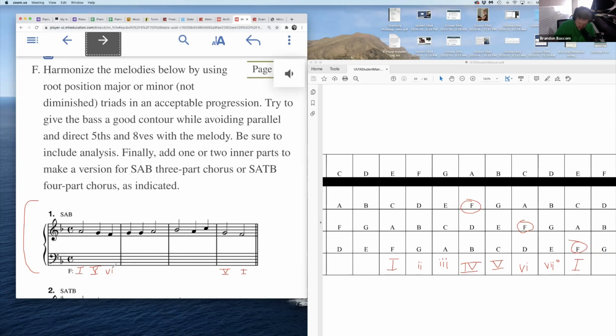Are you with me? Now, the note that we have in the treble clef here is a G, which is a 2. It's the root of the 2 chord. So if we go to 6 here, we can go to 2 here. Does that work?